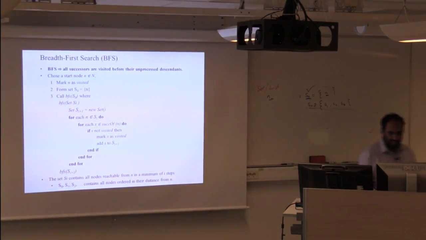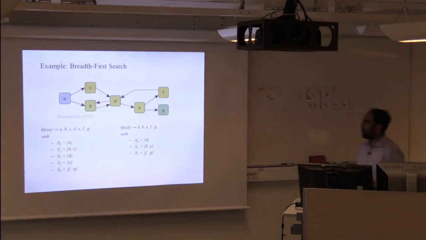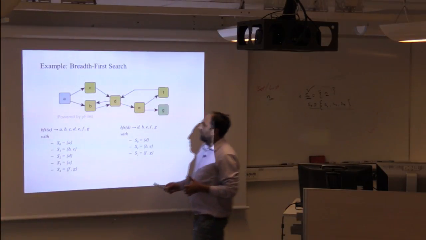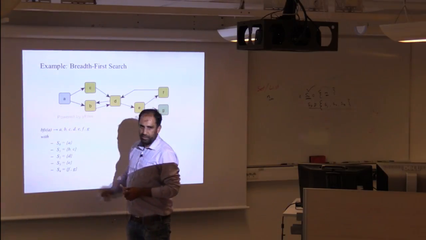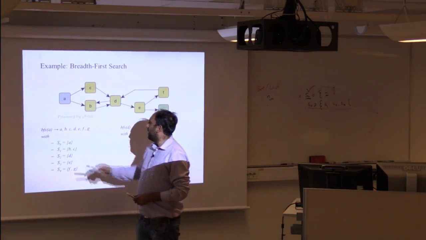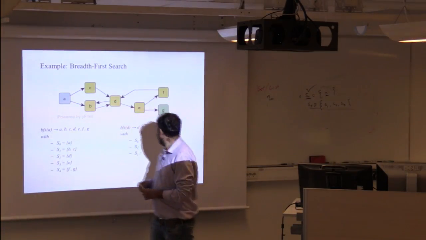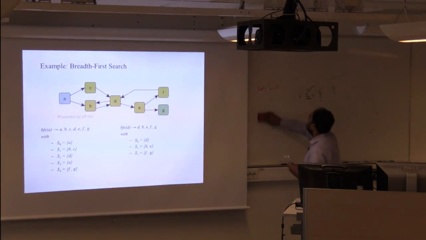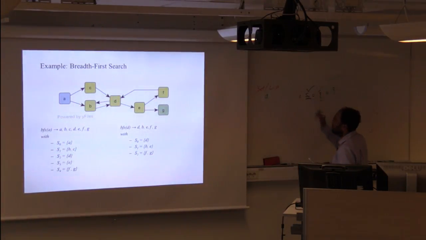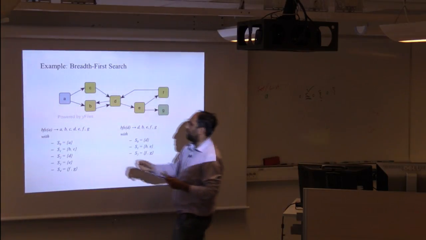We will see with an example to get it more clear. So here we have a breadth first search, which is starting from a node A. So if we are starting with the node A, first step we add A to the visited list, and we add A to the S0. Here is S0.